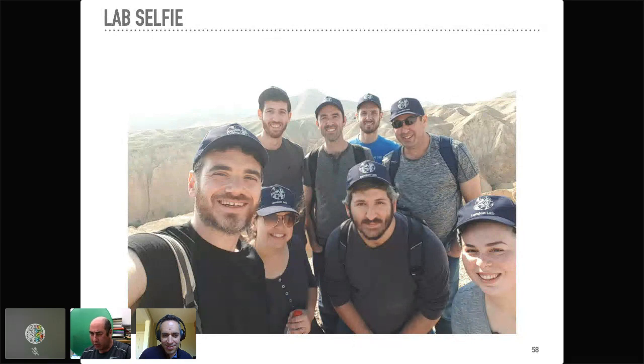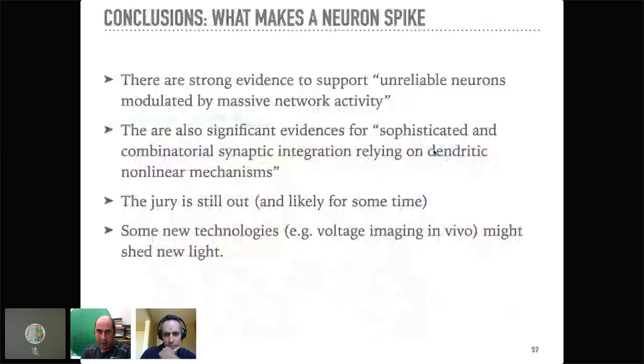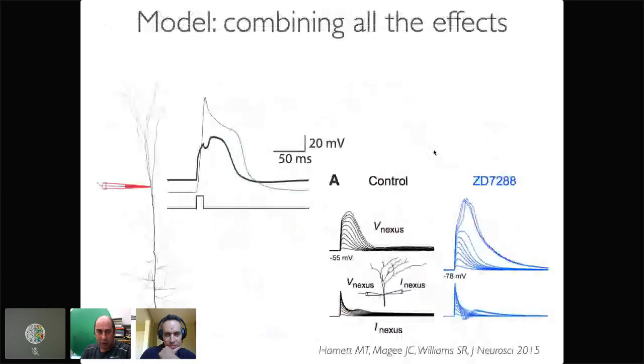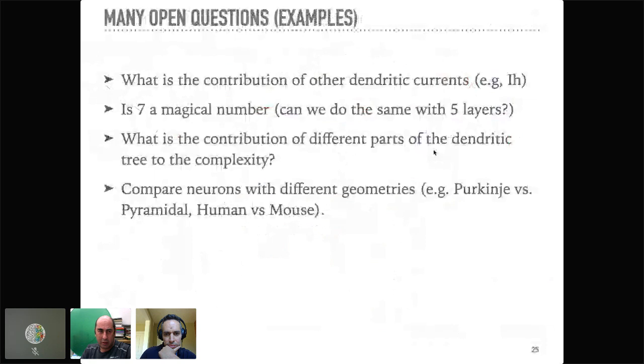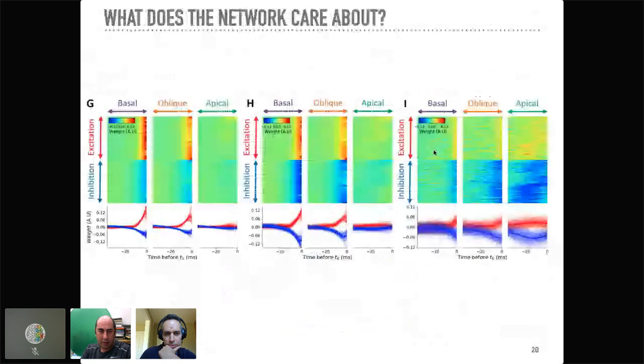I'm not sure I'm following. So the question is, in the deep neural network, maybe I didn't present it well. If the question was about these filters that have inhibitory and excitatory inputs, it's not that these are coming to the basal and oblique.